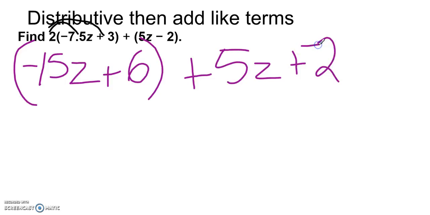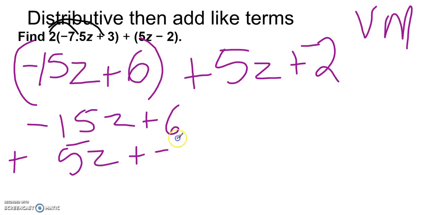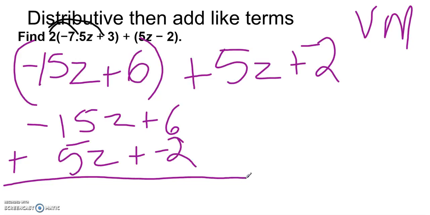I'm going to do it the vertical method just because it might be easier to see. So that's negative 15z plus 6, and then plus 5z plus negative 2. So 15 minus 5 gives us 10, but keep the sign of the larger, so we get negative 10z, and then 6 minus 2 gives us 4, and keep the sign of the larger, and that's going to give us positive.